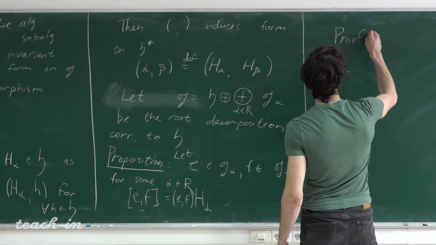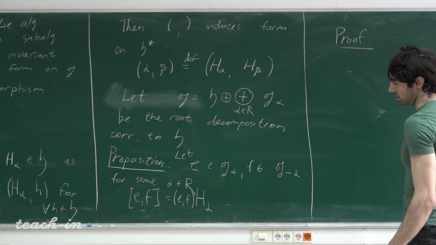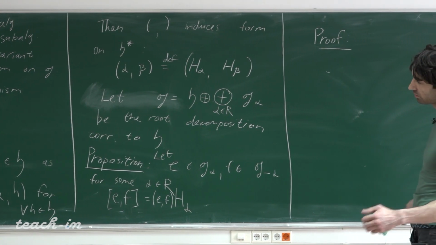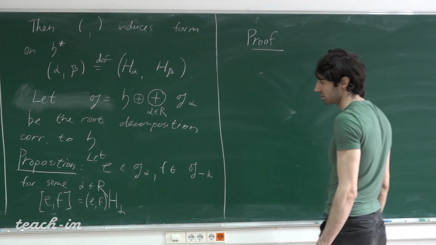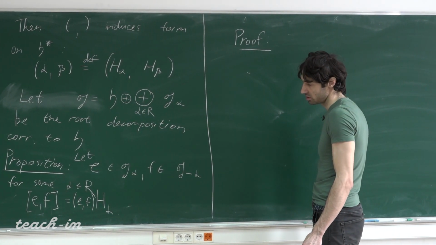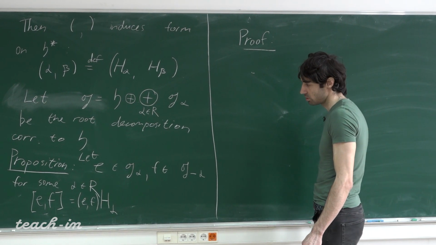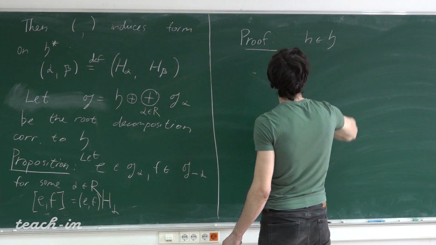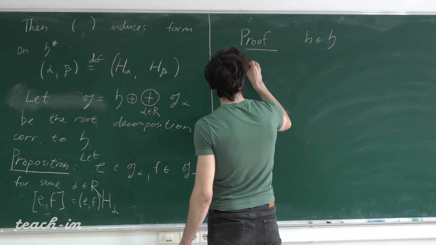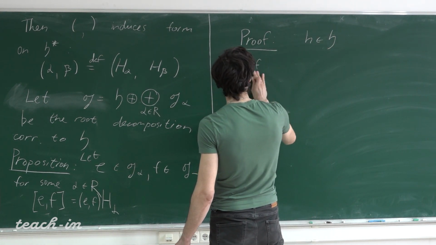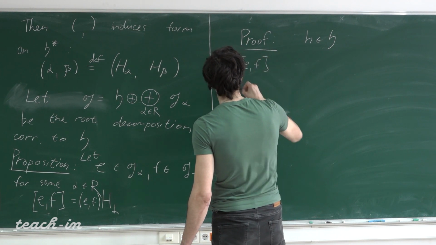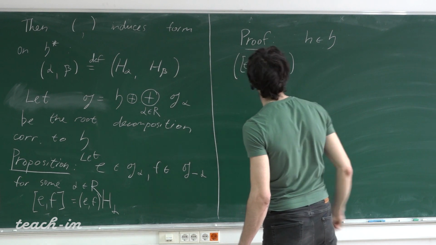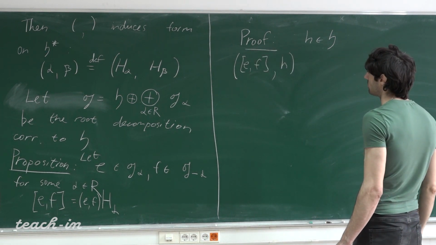Proof. We will just use the definition of H alpha and invariance of the form, right? So let me take H from H, and then let me compute the form of the bracket of E and F with H, like that.